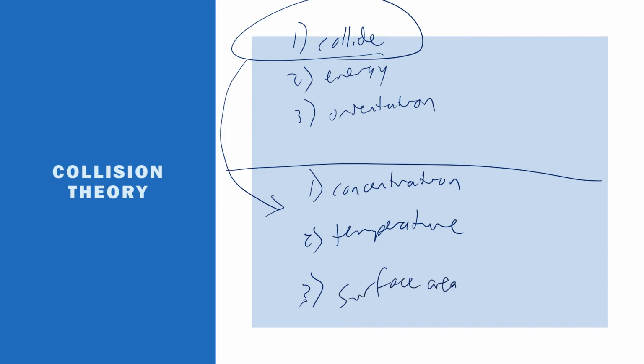Now remember that increasing the concentration packs the molecules in more closely together, so they're more likely to collide and then will react faster. At higher temperatures, remember there's two parts there, so they're moving faster, so they're more likely to collide because of their increased kinetic energy.